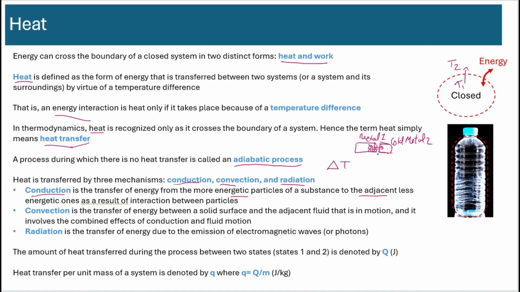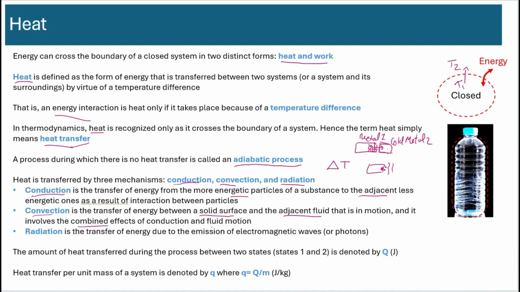Now, if there is no physical contact, it usually gets transferred through the gases in between. So the transfer of energy between a solid surface and an adjacent fluid that is in motion is called convection. It involves the combined effects of conduction and fluid motion. Let's say you have a gas here.